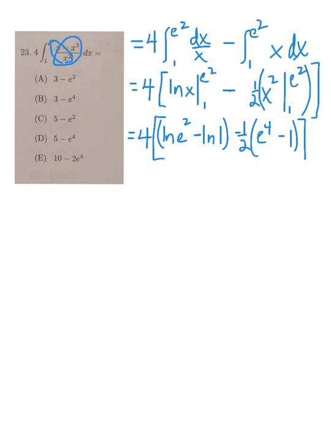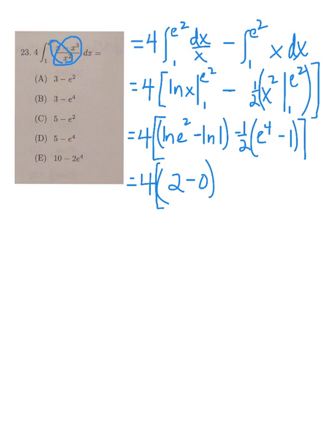Remember, you have an ln and an e. Those cancel each other out, and then this 2 will just drop down and become a plain old regular 2. So I'm going to have 4 times 2 minus, and the ln of 1 is 0, so really that's just 2.